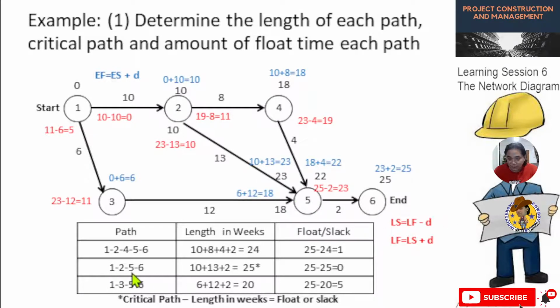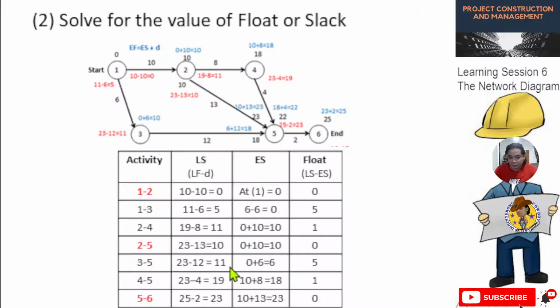Okay, so 1, 2, 5, and 6, which has 25 days of completion. As you can observe, activity 1 to 2, 2 to 5, and 5 to 6 have zero float. Okay, this one, 0, 0, 0. The other activities have float or slack.